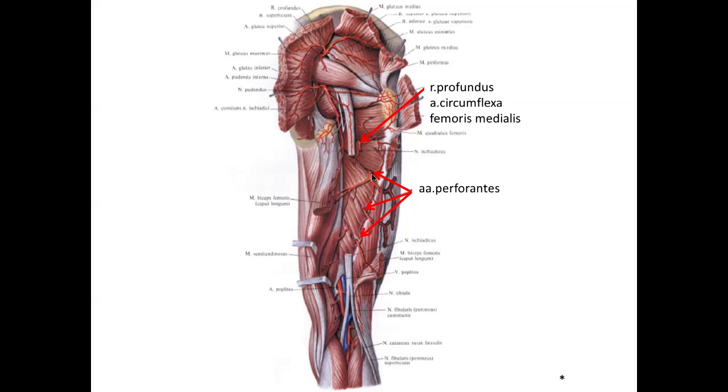Then arteriae perforantes: the first of them penetrates the space between the superior head and another portions, and the second and third penetrate the main part of adductor magnus.